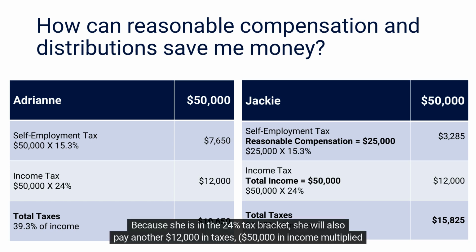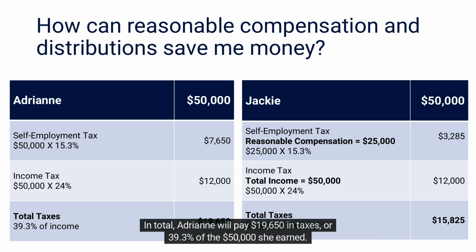Because she is in the 24% tax bracket, she will also pay another $12,000 in taxes, $50,000 in income, multiplied by 24%. In total, Adrienne will pay $19,650 in taxes, or 39.3% of the $50,000 she earned.